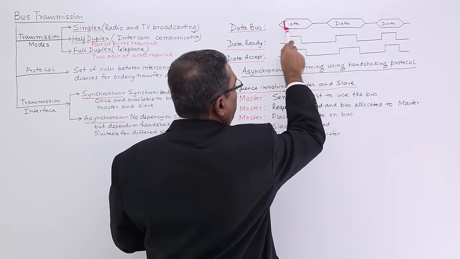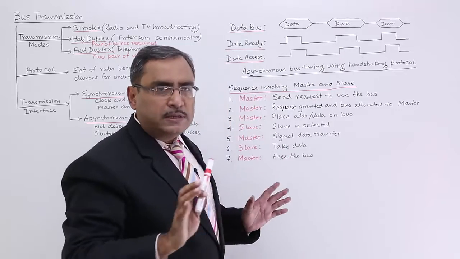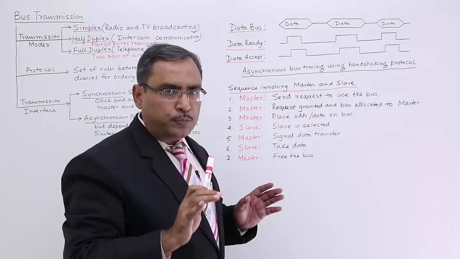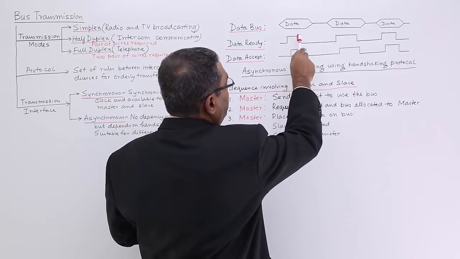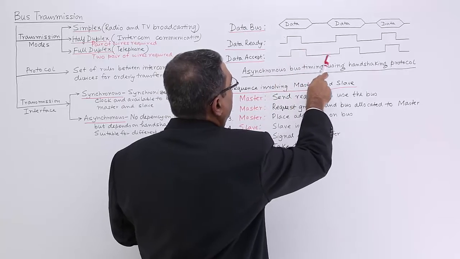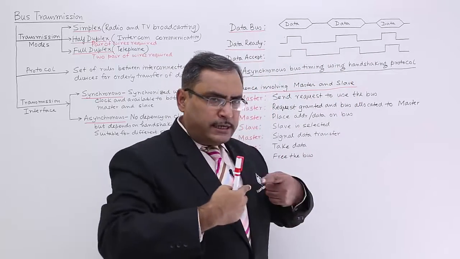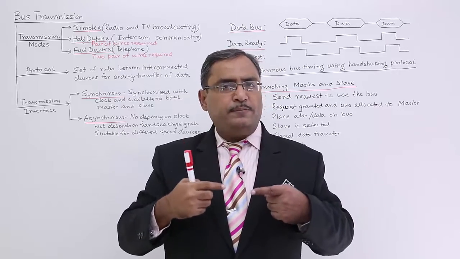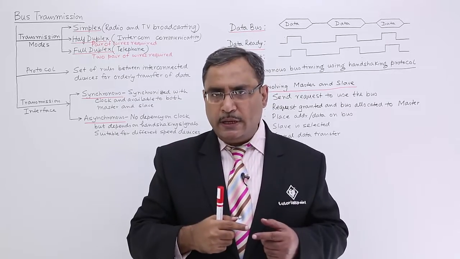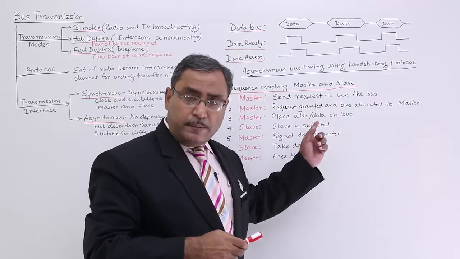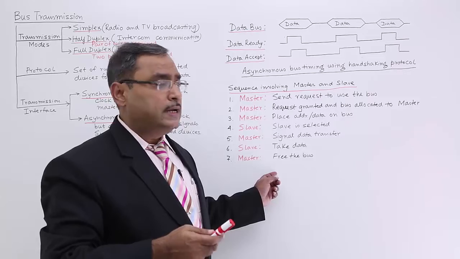You see here I haven't drawn any kind of clock pulses, because they are not related with the clock pulse current, phase or position. So, when the data ready is there, then the data will be transmitted and then data accept will be done accordingly. Handshaking signal means the signals are coming from master to slave and slave to master, then the communication is being done.